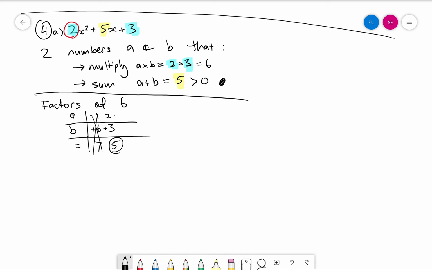Okay, now A is equal to 2 and B is equal to 3. Now what we do is rewrite this equation up here. We go, 2x squared plus, but then we break up this 5x into 2x plus 3x.